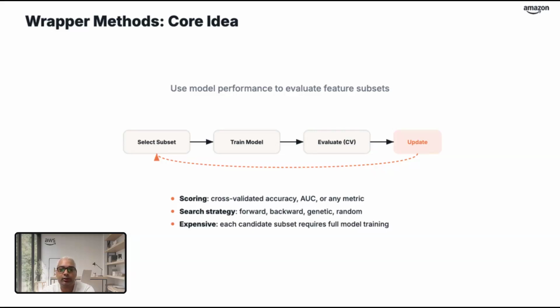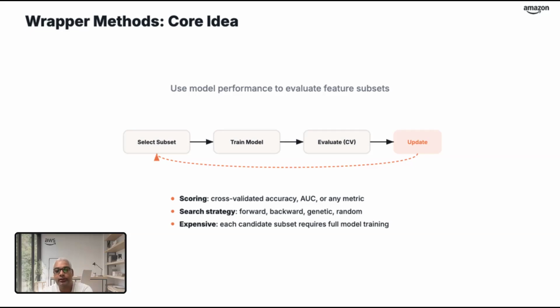The core idea, or the loop, in the wrapper methods is that we select a subset, we train a model on it, evaluate with cross validation, and then update based on the results of the cross validation. The total cost becomes the number of subsets tried times the cost to fit the model, times the cost to perform cross validation.